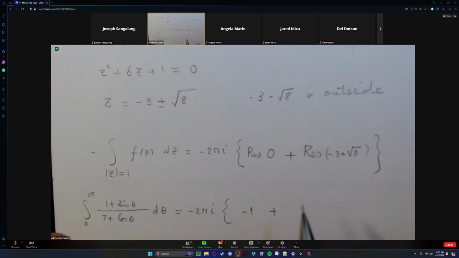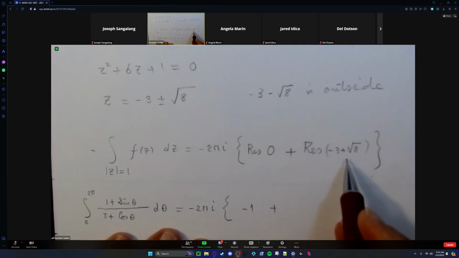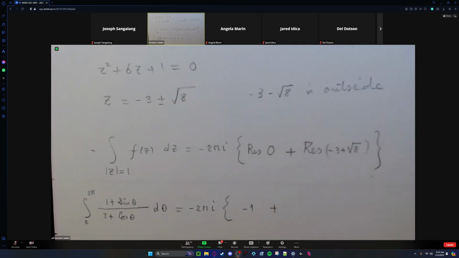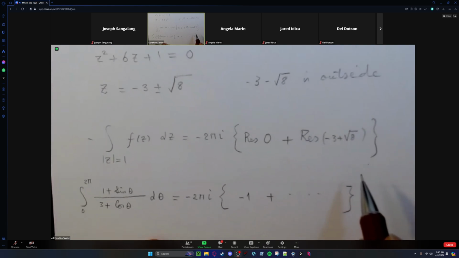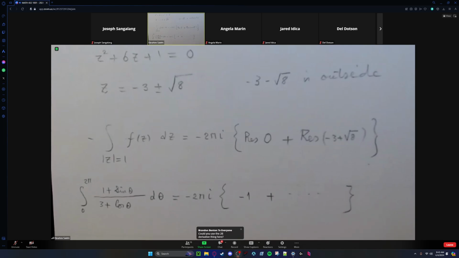And residue at that one, it's just a matter of computation, all right? I think you can do it, Dell, can't you? You can find the residue, can't you? So we found the answer. Right, exactly.